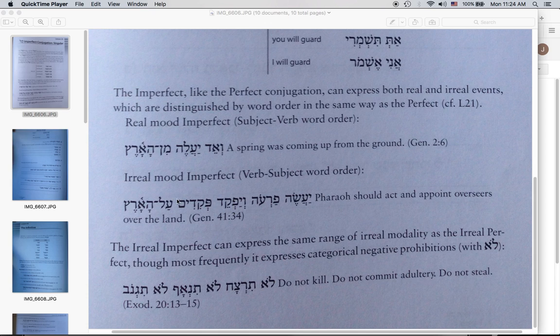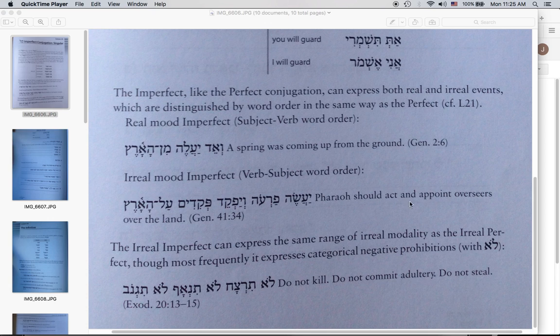Here, we don't have a verb in this clause, so the word order is not terribly helpful for us. But you might remember that irreal verbs will often have a vav attached to them. So we see this vav attached to the front of the imperfect, vav with a shva, and we know that this is irreal.